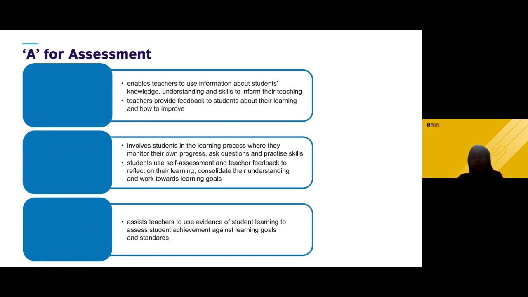So you've got three very brief descriptions of each type of the three assessments. But which is which? Which is assessment for learning, which is assessment as learning, and which is assessment of learning? Can you match the acronyms to the definitions?